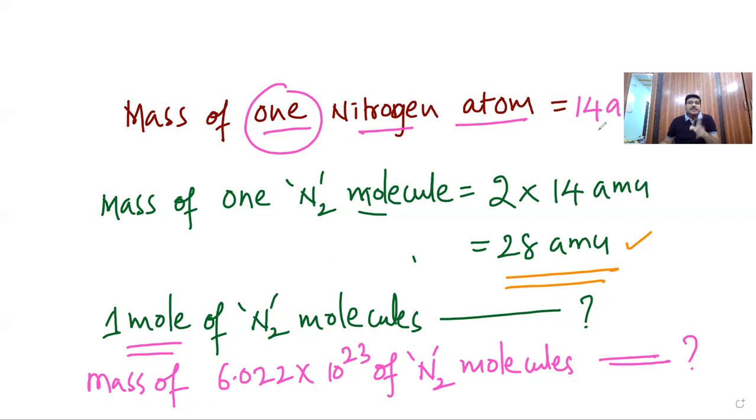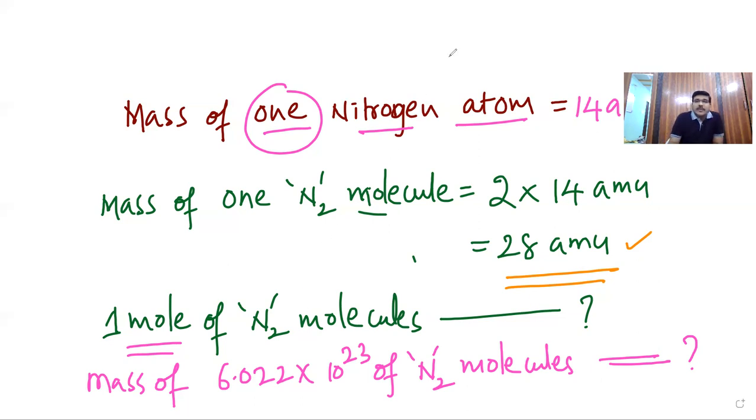So 28 atomic mass units is the complete mass of one nitrogen molecule. But that is only one molecule. We require 1 mole. 1 mole consists of how many quantities? Avogadro number of quantities. Those many quantities' mass is how much?